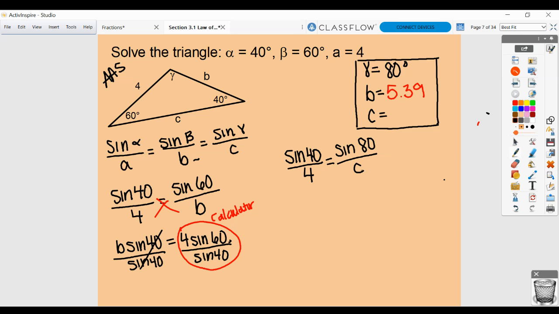And then it's very repetitious. You're going to do the same thing to this one. You're going to cross multiply. So you get C sine 40 equals 4 sine 80. Divide by sine 40.